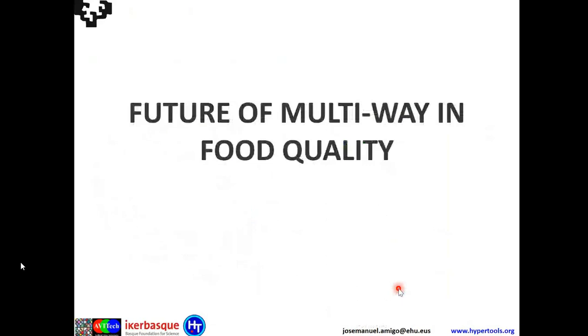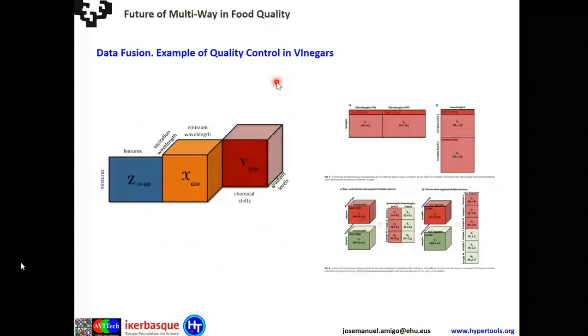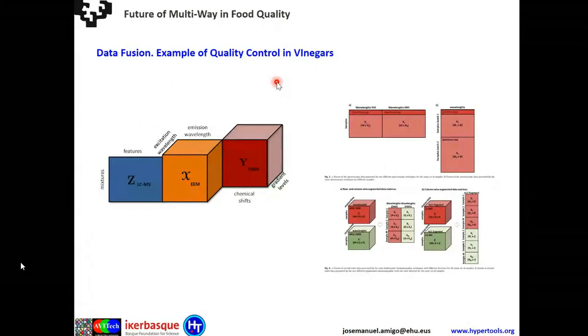Okay. And to conclude, I want to show you a couple of examples in which I think the current science is moving forward. One of them is data fusion. Of course, for one sample nowadays, we have the capability in our laboratories to measure that sample with different spectroscopic or chromatographic techniques, like in this case, in which we have LCMS integrated peaks, together with excitation emission fluorescence, together with NMR.